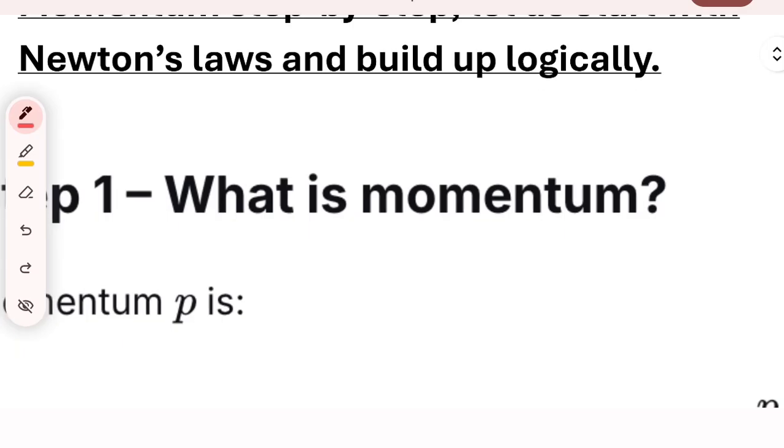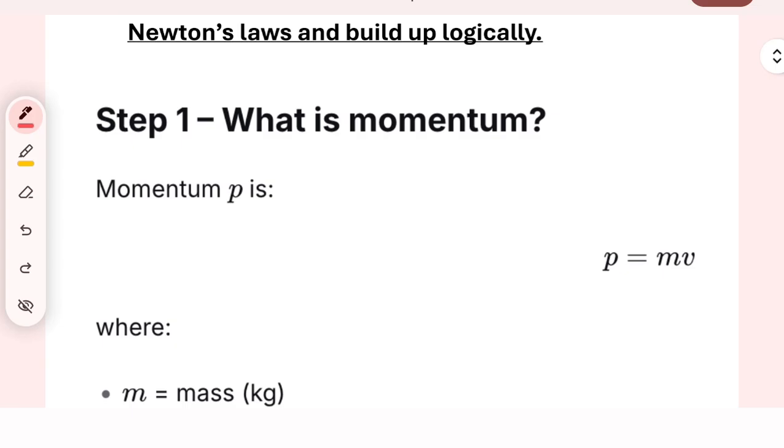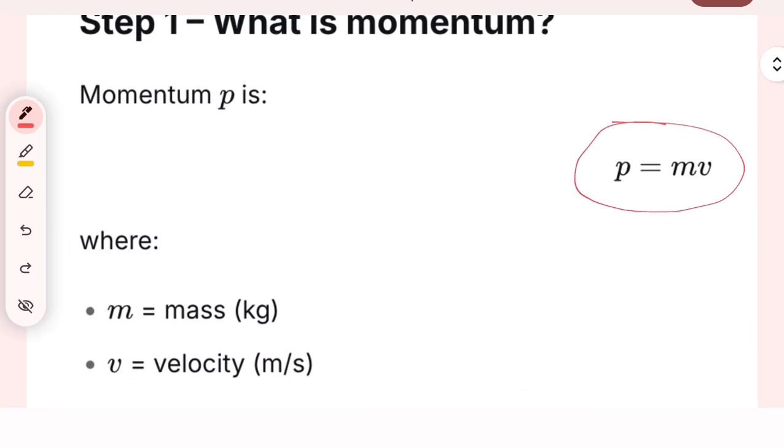So again, the question is, what is momentum? What do you think momentum is? Momentum, or small p, is given by this formula. Small p is equal to m times v, the mass and the velocity.